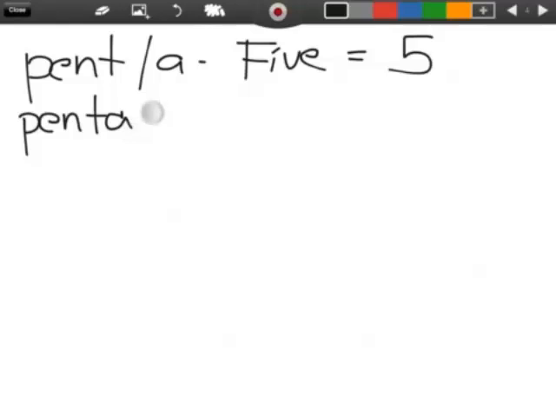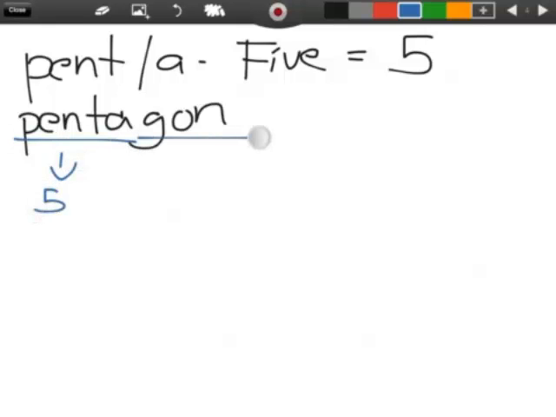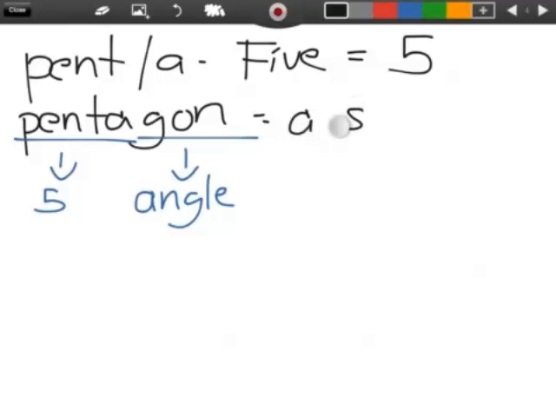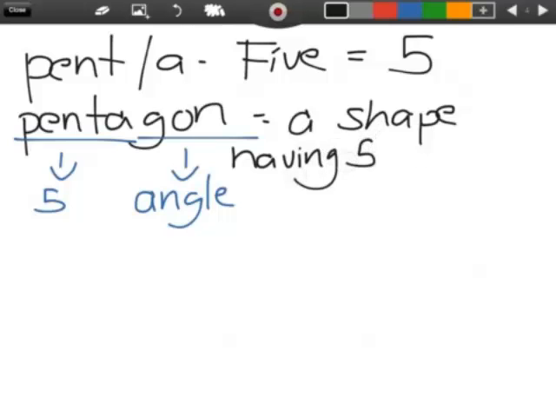It's pentagon, and I'm going to explain this to you. Penta meaning 5 and gon meaning angle, and when we combine these two together we get a shape having 5 angles.